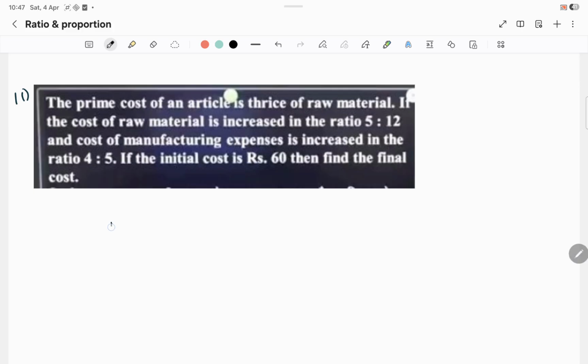Prime cost of an article is equal to raw material plus manufacturing expenses. So what they are saying?